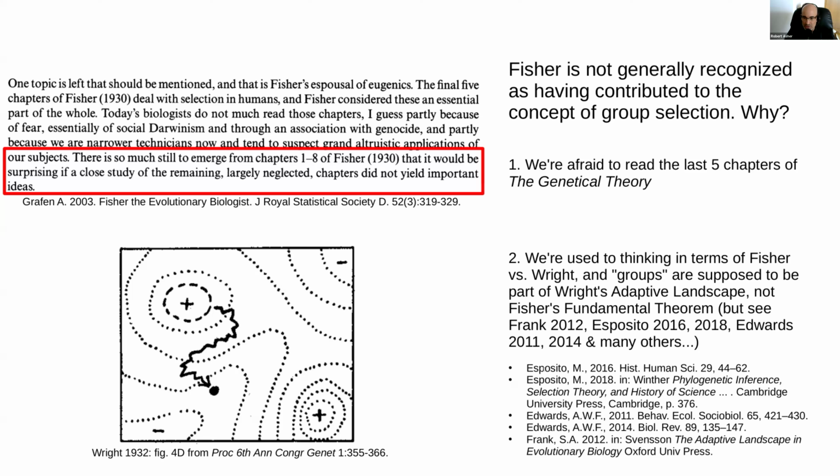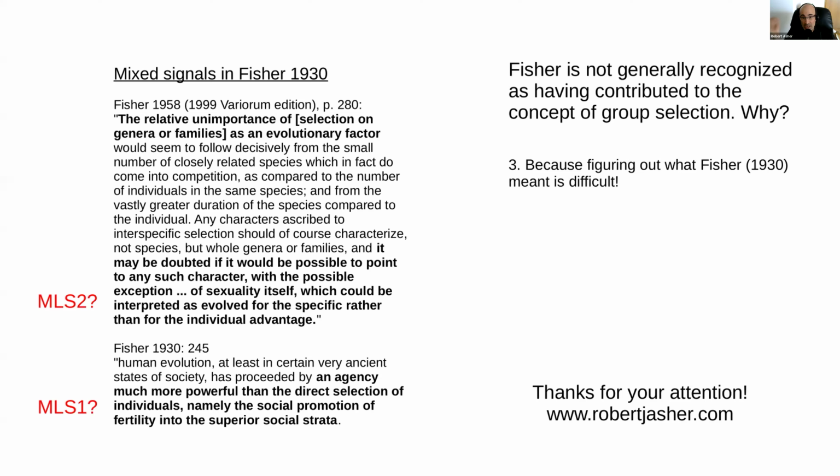And there are lots of authors, a few of them I've cited here, Esposito, Edwards, Frank, who, when you read Fisher and Wright carefully, you can figure this out. But the pedagogy of teaching population genetics doesn't really lend itself to recognizing Fisher's contributions to groups. And then the final slide I have is, of course, that figuring out what Fisher 1930 meant is famously difficult.